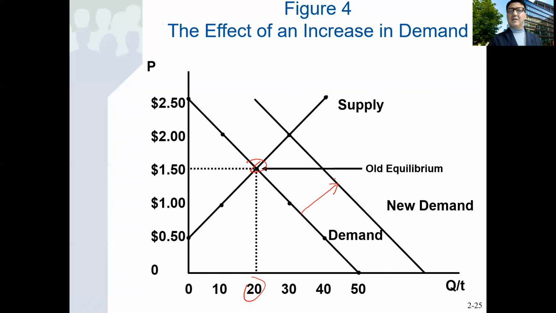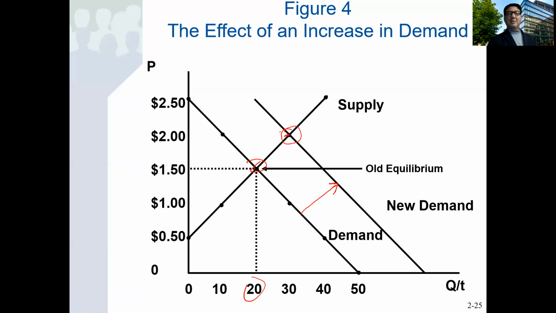Remember the demand increases, right? So now what's going to happen to the price of the orange juice if that happens? The demand increases, then the new equilibrium is going to be right here, right at $2. The price increases because there's so much demand.